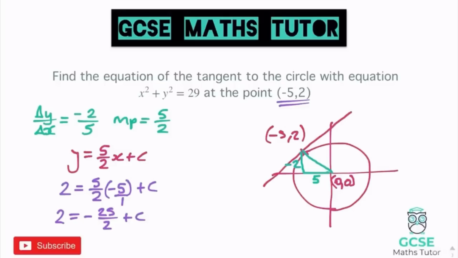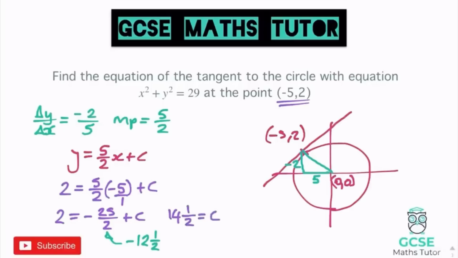Again, we've got an improper fraction. If we make that into a mixed number, 2 goes into 25 12 times, remainder 1, so that's negative 12.5. We can add that over to 2 nice and easy, and we get 14.5 equals c.